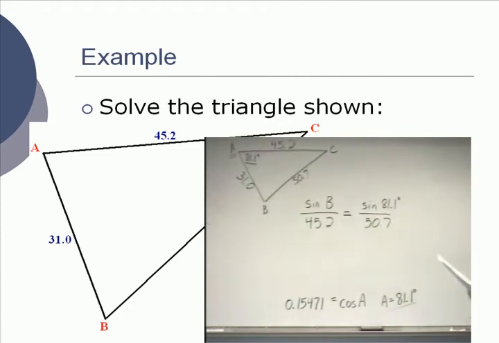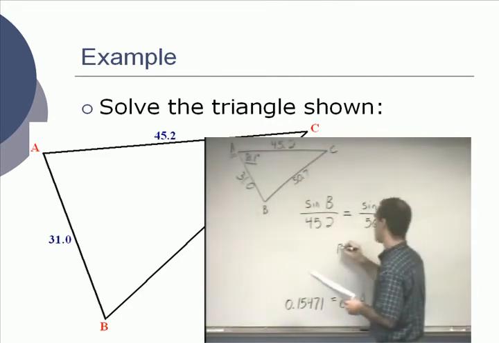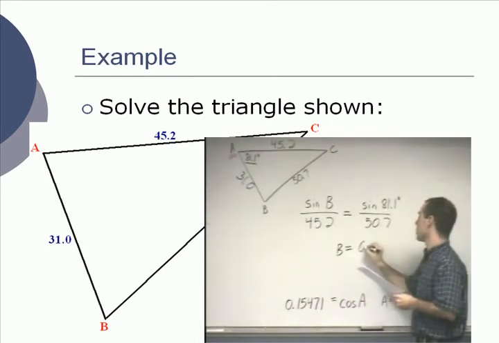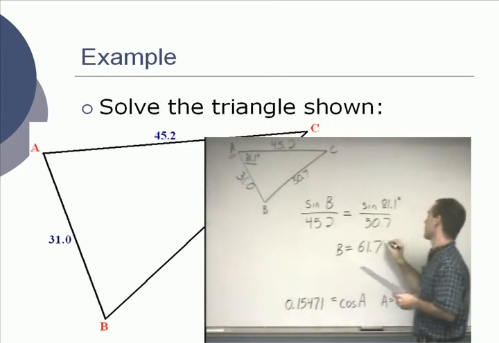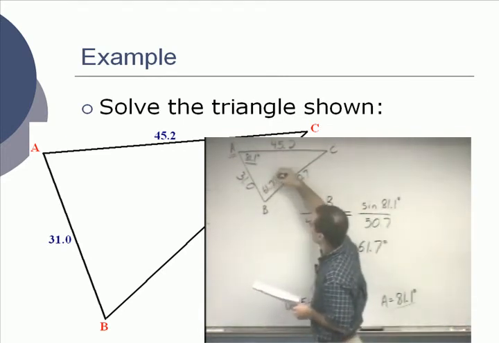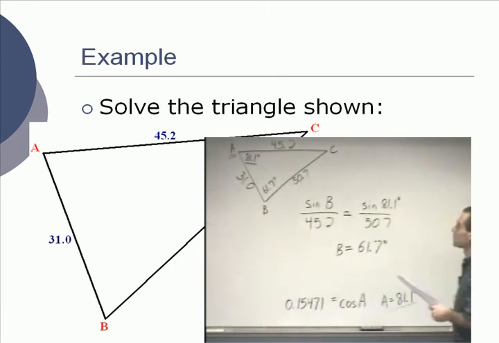If you go through the trouble of solving that, I'm just going to save a little time here and note that B is equal to 61.7 degrees. So B's got to be 61.7 degrees.